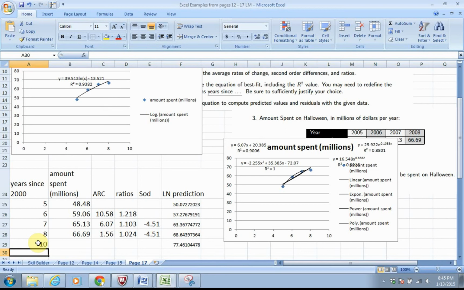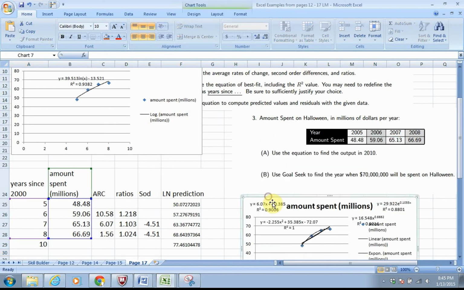That logarithmic model is a nice model just because it is still increasing, but certainly not as fast as it was at the beginning. The other models maybe hold some merit to you, but more than anything for this problem, I really just wanted to go through and talk about the different things that you might want to investigate.